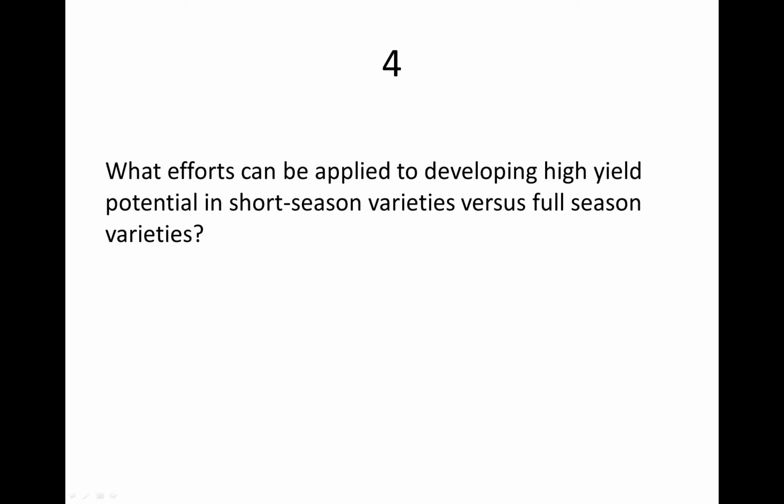So just local selection for yield then is going to be as successful as targeting any kind of specific maturity? If you want to move advances made in more temperate regions into the tropics, you can do the long juvenile conversion of maturity group 4s or 5s, for example, and they'll convert into something like a 110, 120-day bean into the low latitude tropics.